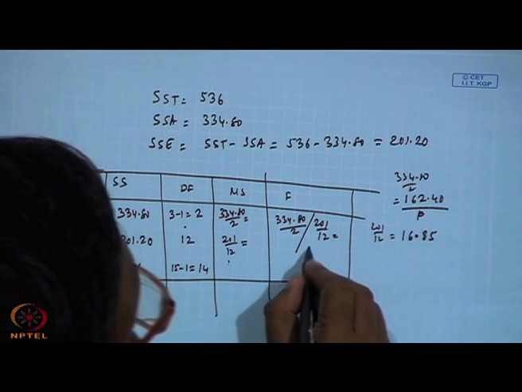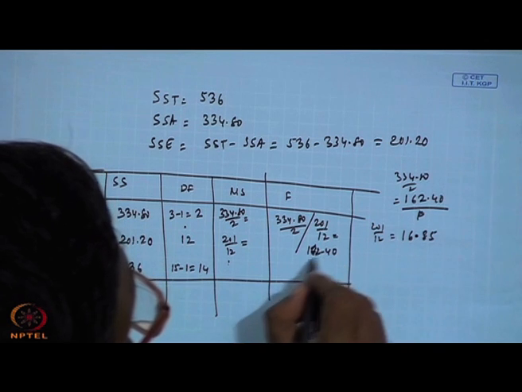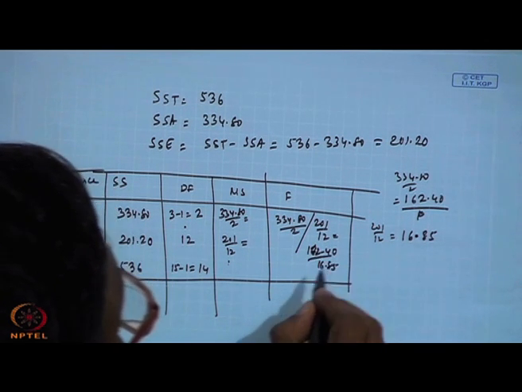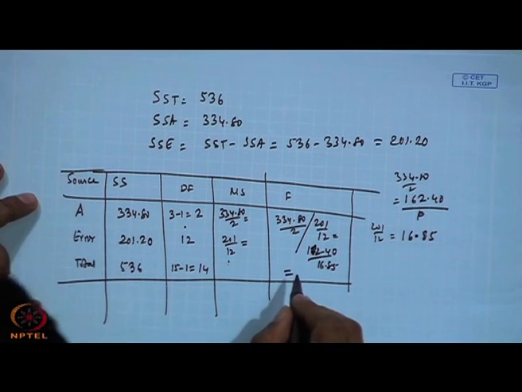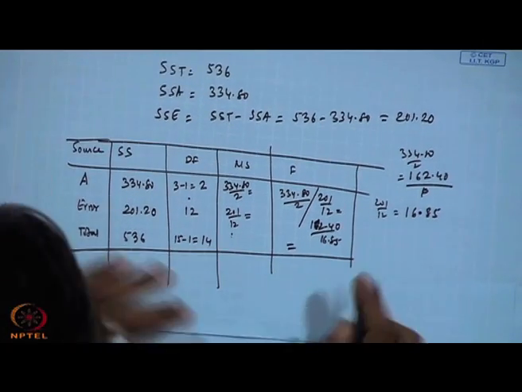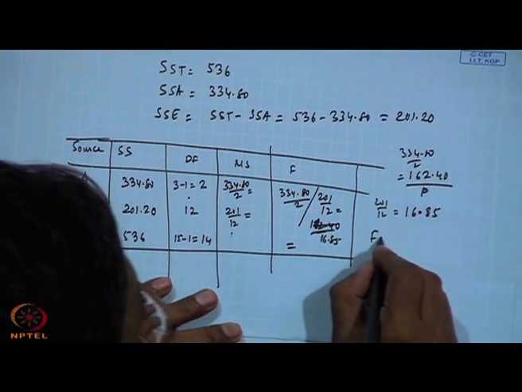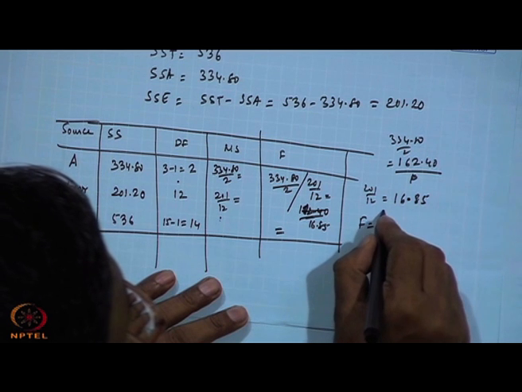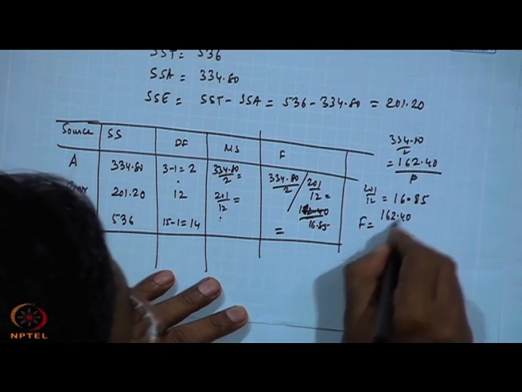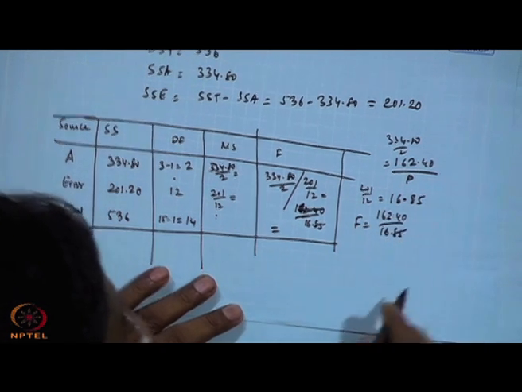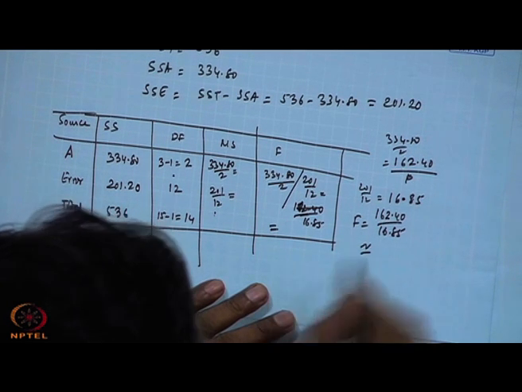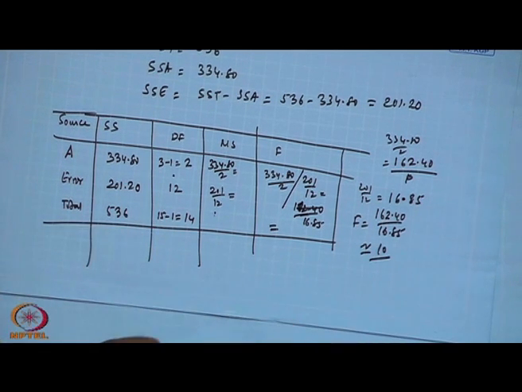So the F will be 162.40 by 16.85. Not coming. So F is 162.40 by 16.85. It will be almost equal to 10.